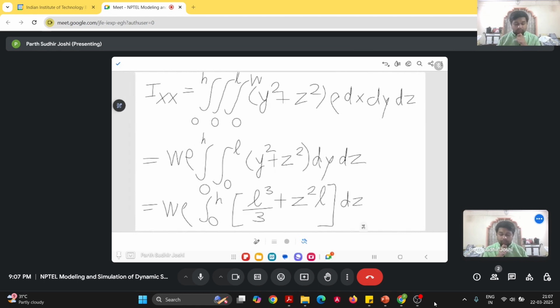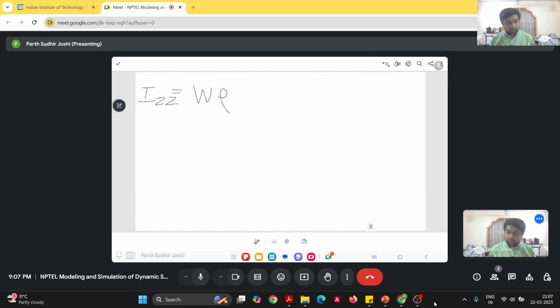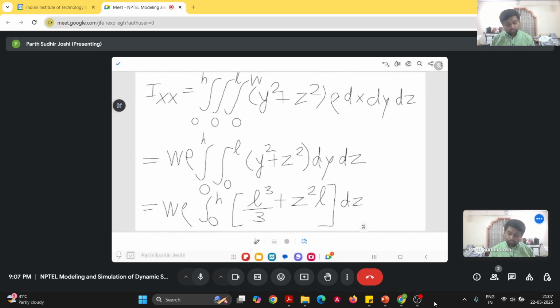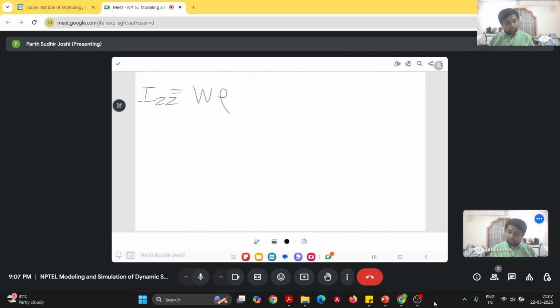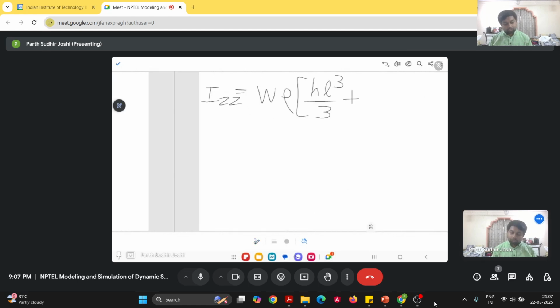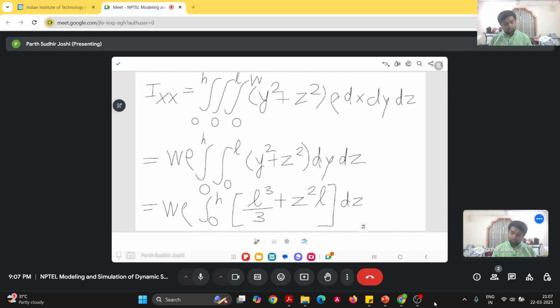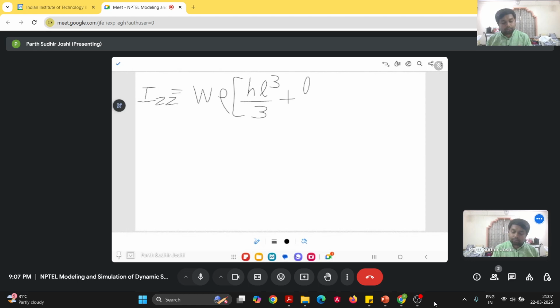So now if we solve this third integral, it will become w into rho. If we take out h into L outside the bracket, then we will get w into h into L into rho.